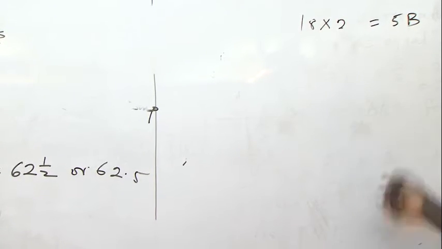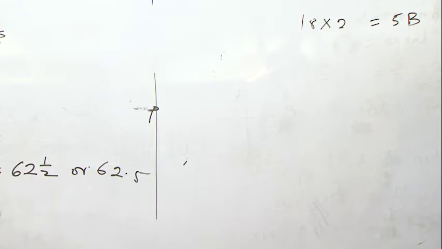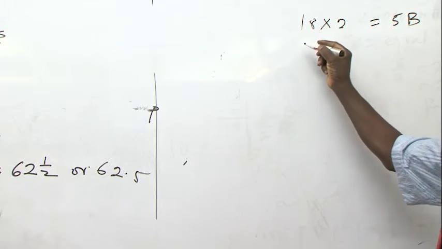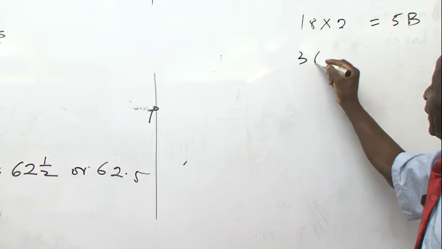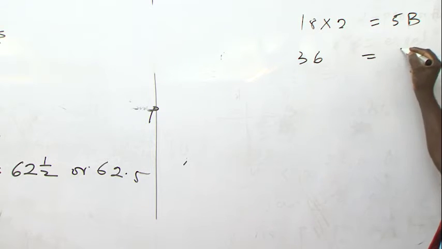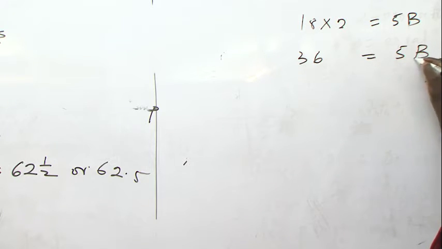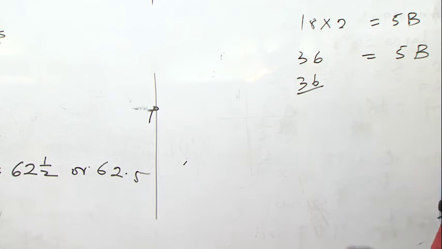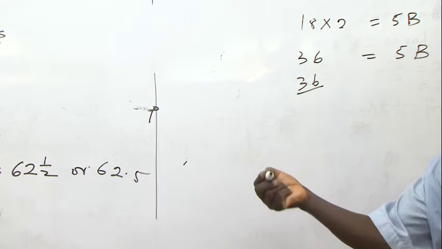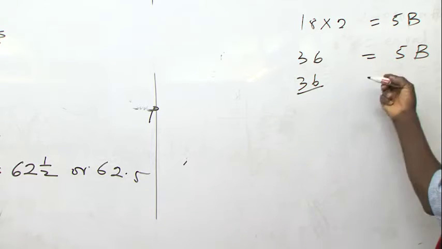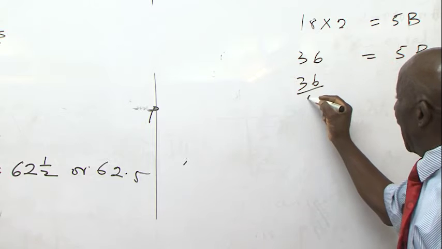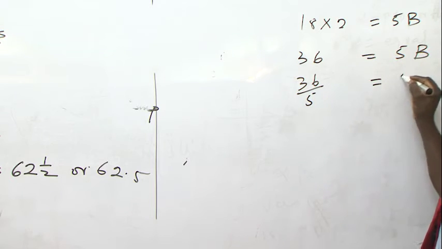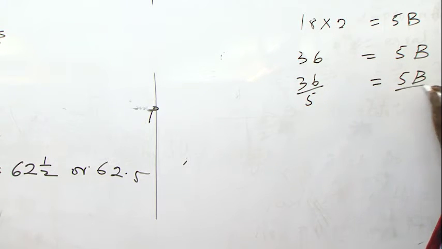You are looking for B. You eliminate 5 from both sides. 18 times 2, which is 36, equals 5B. You say 36 over 5. If you remember our math for GSS 1, chapter 2, substitution, evaluation. 36 over 5 is the same thing as 5B over 5.